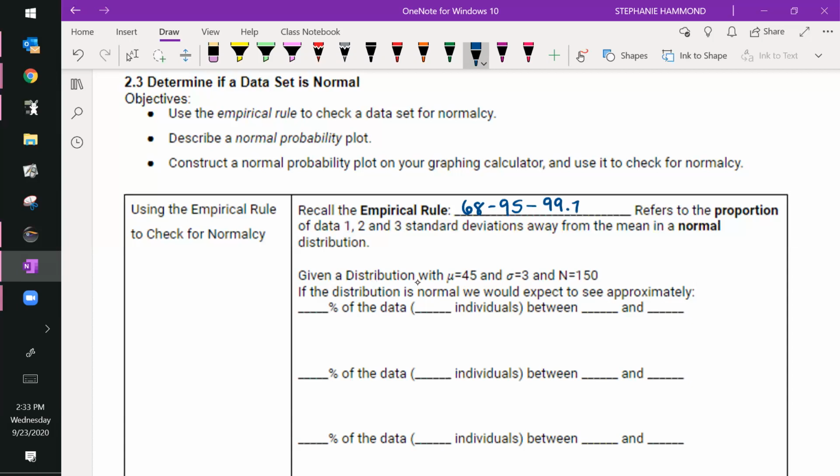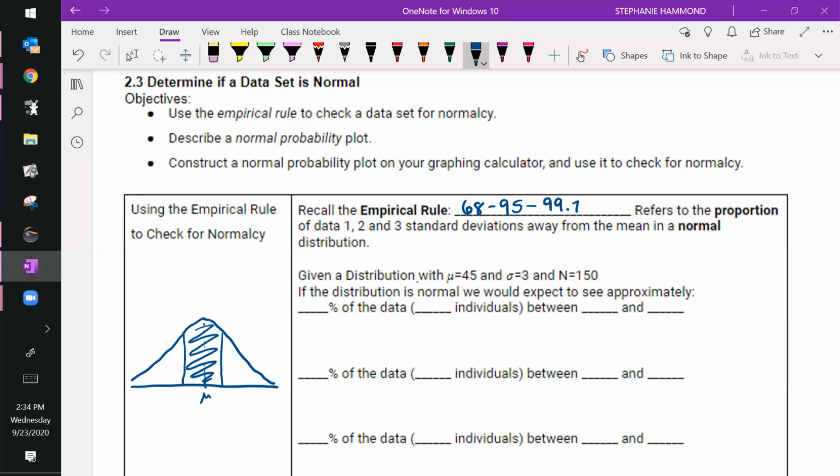So again, with a truly normal distribution that is symmetric and bell-shaped, the mean is going to be right in the center. And if I measure 1 standard deviation to the right and to the left, the empirical rule says the amount of data between those 2 standard deviations is going to be about 68% of all of the data.